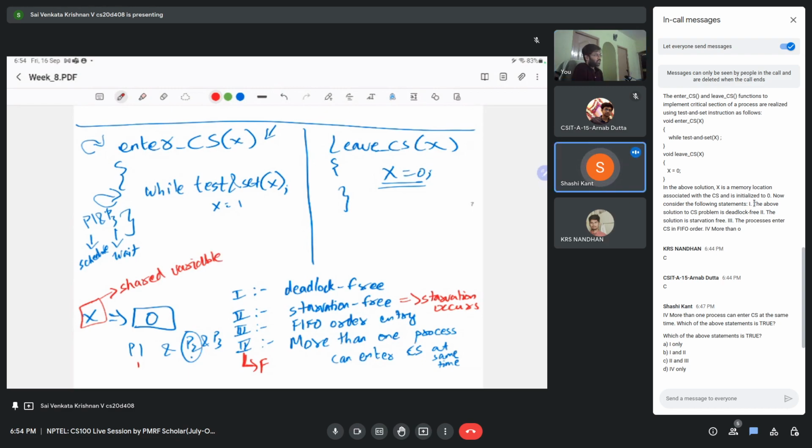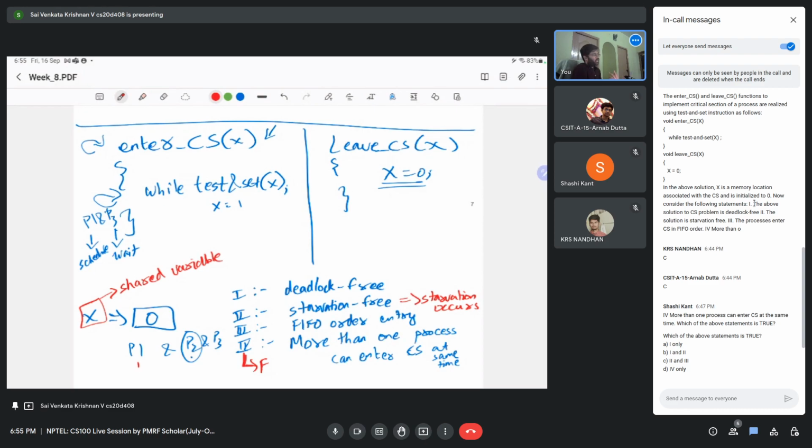What about the third option, FIFO order? At least one process is running, right? The processes enter the critical section in FIFO order. No, that also depends on who sets the FIFO order, right? If it enters the critical section in FIFO order, then for sure progress is there, because the waiting time we can bound it.